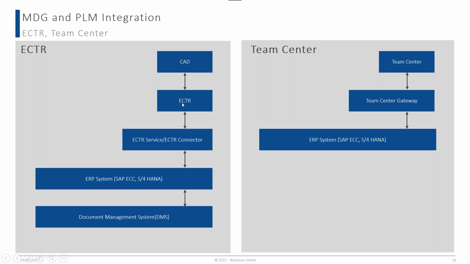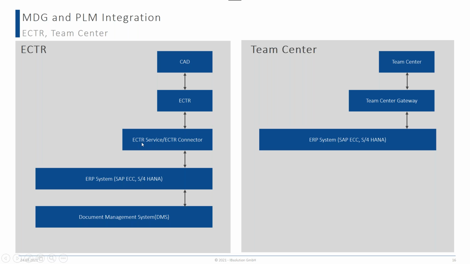ECTR will get the information from the CAD, and then it will have the product-related data. Then ECTR, using the ECTR connector or ECTR services, will send the information to the ERP system. And the ERP system, due to document management, is also linked with the documents to save them, because the product lifecycle management system works mostly with documentation, the design documents.